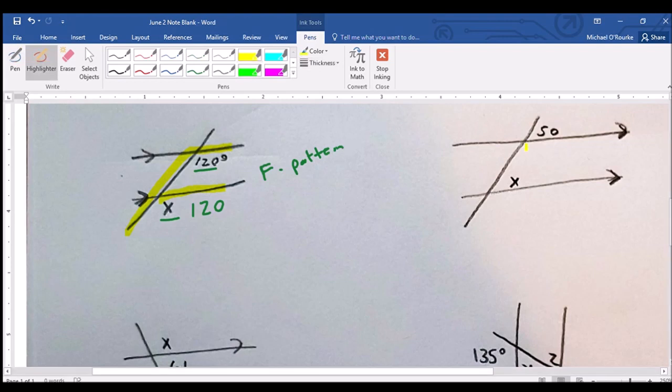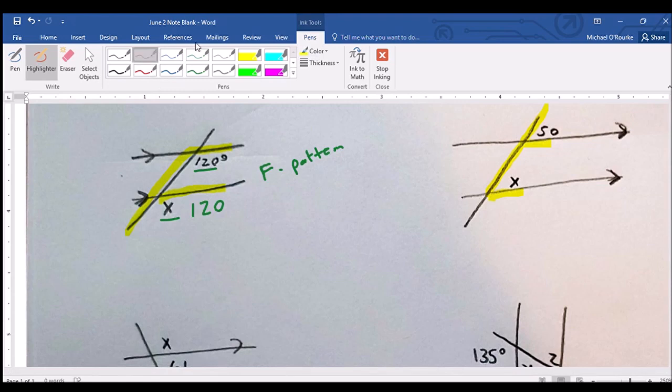Now, are they on opposite sides? No. Are they inside? No. So it had to be an F, but that doesn't look like an F. Sometimes I get kids to turn over their page. So if I were to vertically flip this, you'd see an F pattern, right?